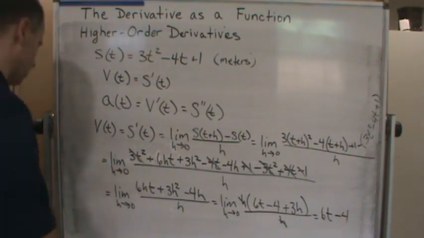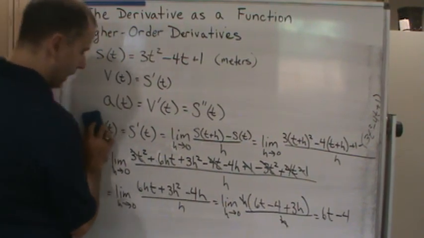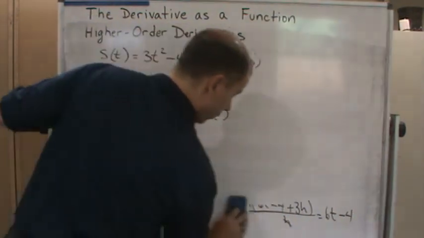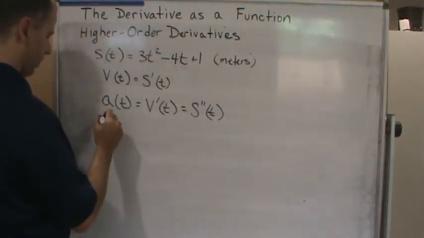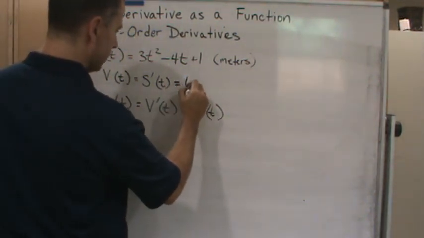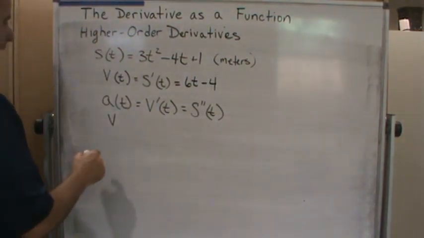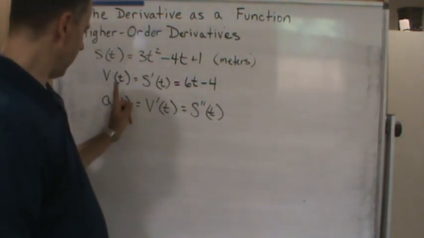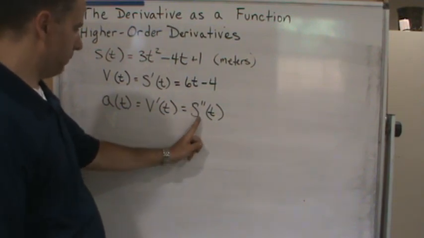So now what I have to do is do it again to get the acceleration function. Okay? So now I'm going to start over with 6t minus 4. So I found the velocity, 6t minus 4. Now I'm going to find acceleration, which is now the derivative of the velocity function, or the second derivative of the position function.